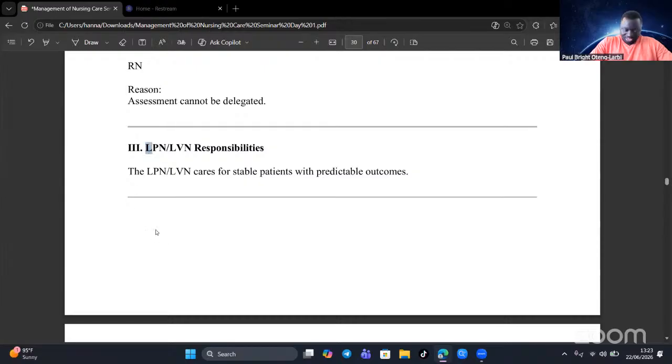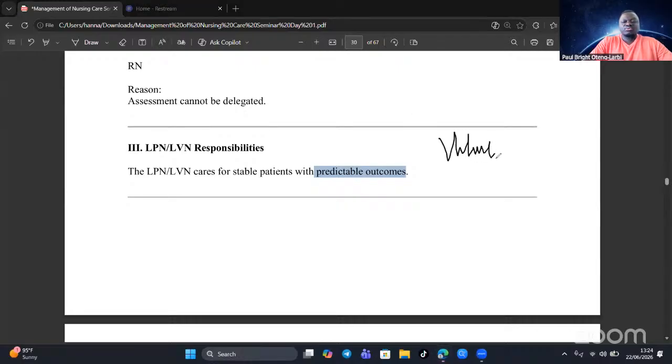Okay. So the LPN or the LVN cares for stable patients with predictable outcomes. What are some of the predictable outcomes? The patient's vital signs are stable in such a way that everybody in the world knows that tomorrow this patient will go home.